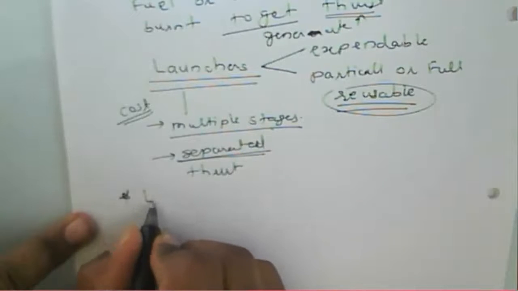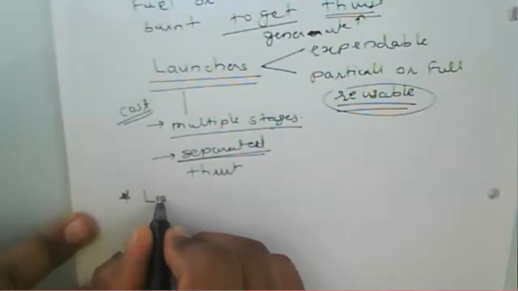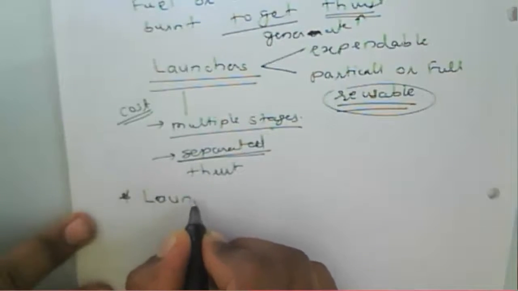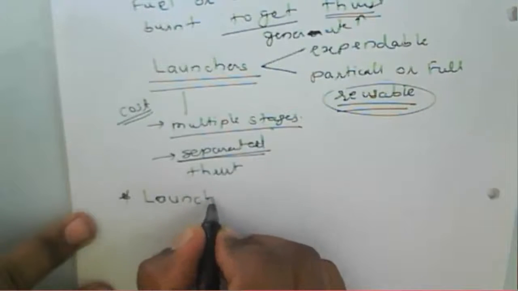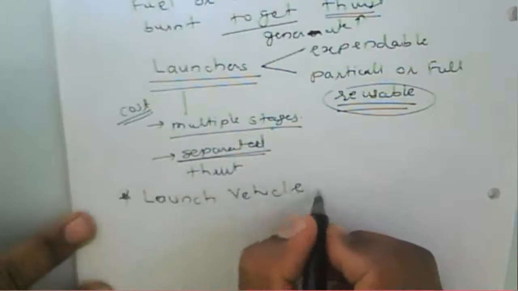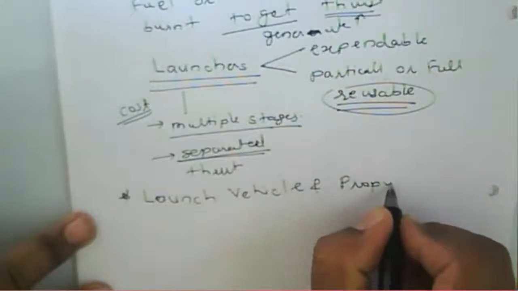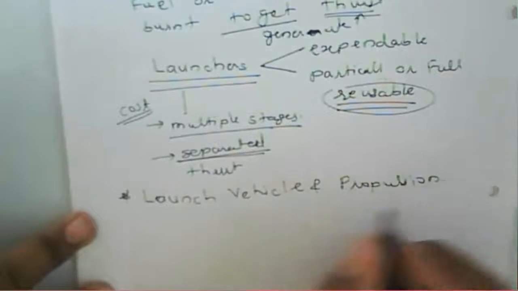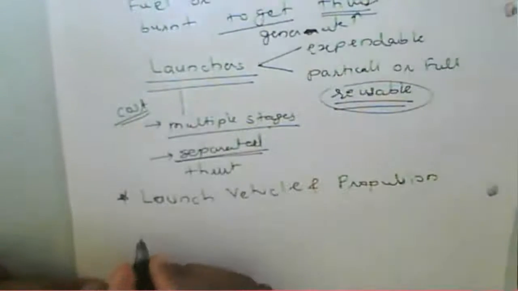So we'll learn here one sample example of a launch vehicle, and whatever propulsion is to be used there.